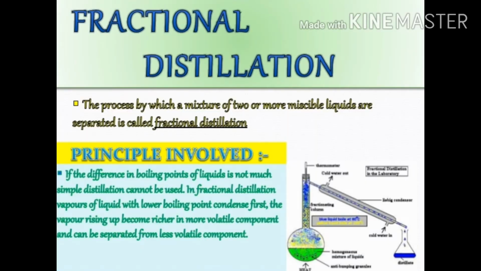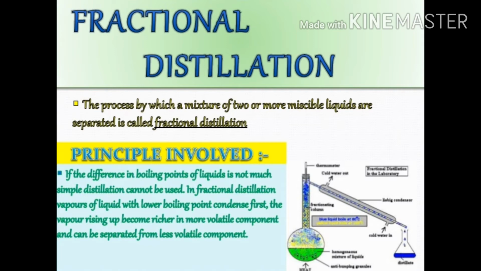Next one, fractional distillation. The process by which a mixture of two or more miscible liquids is separated is called fractional distillation. Is it clear? The principle involved in fractional distillation: if the difference in boiling points of the liquids is not much, simple distillation cannot be used.